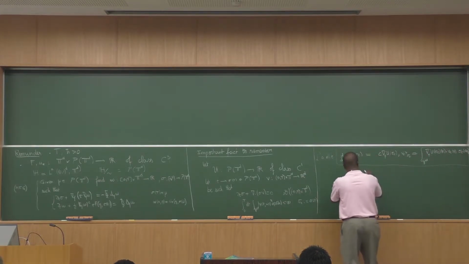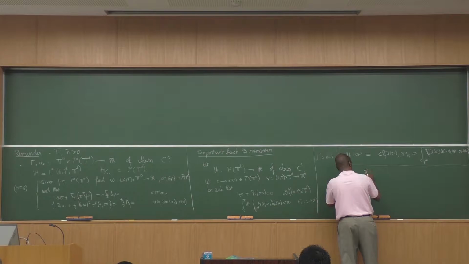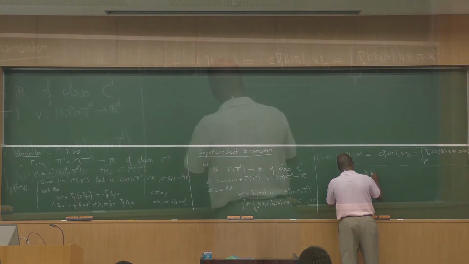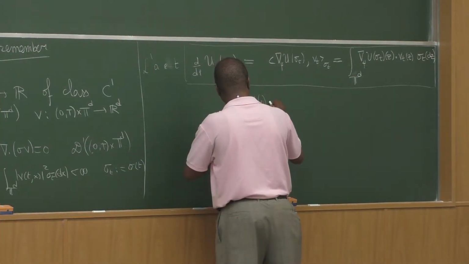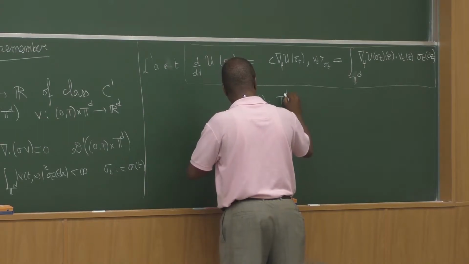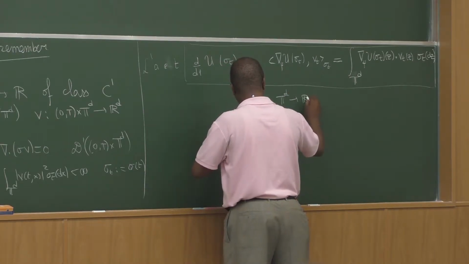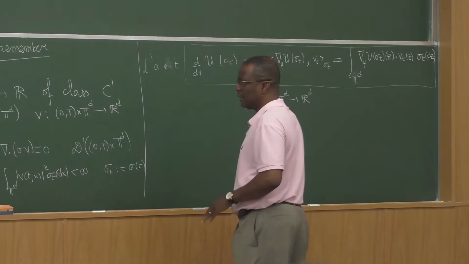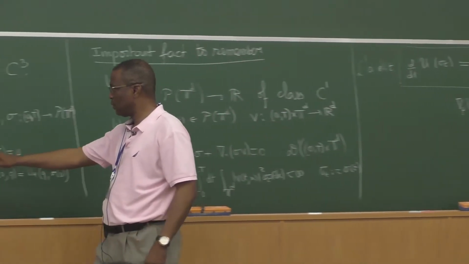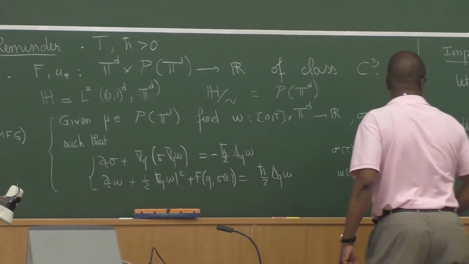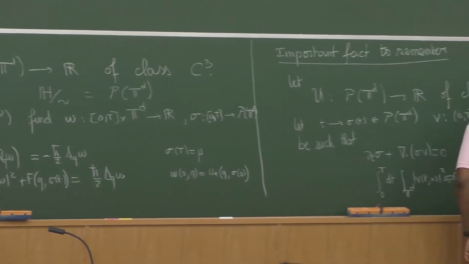Now, let us compare this to that. So the gradient mu of u at mu is a map from the torus to R. Remark.